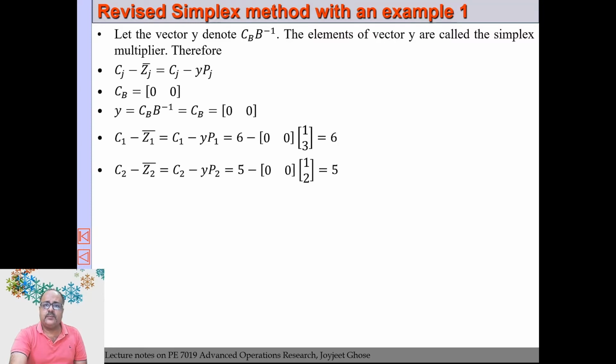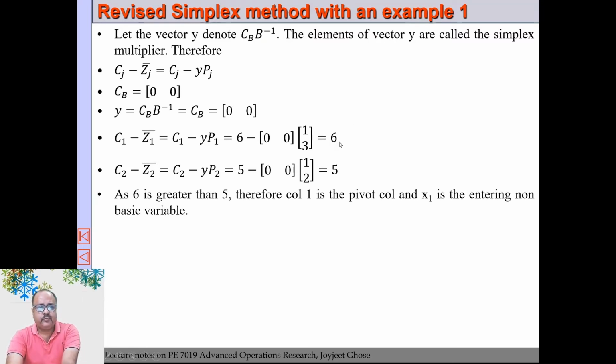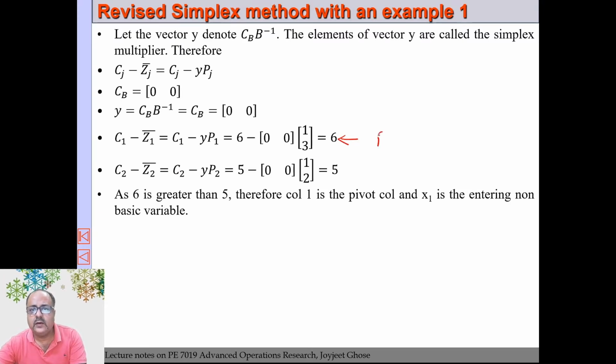I repeat, x1 will be the entering variable and P1 will be the pivot column. So x1 is now becoming a basic variable, from non-basic to basic.